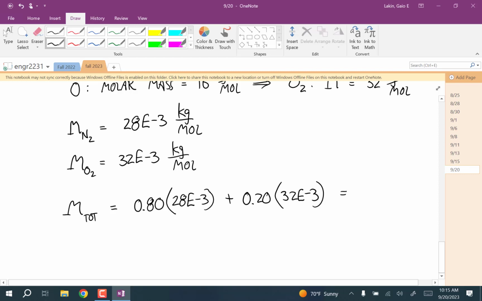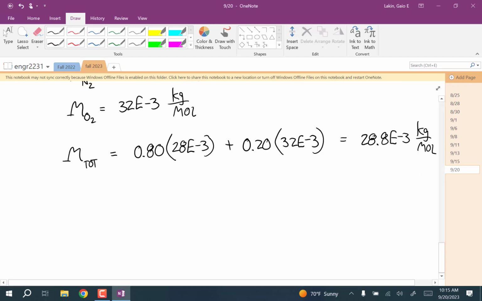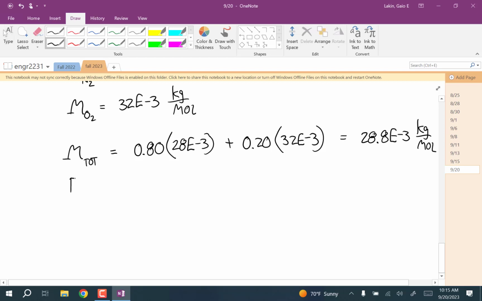And that is 28.8 times 10 to the minus third kilograms per mole. Let's call this air. So the molar mass of air is this.